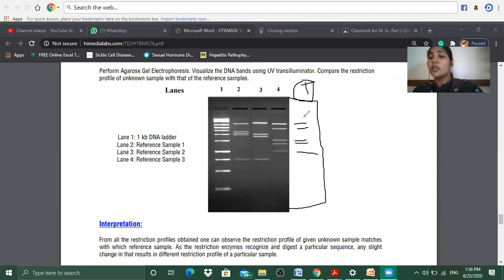Determining the molecular weight of each DNA fragment is the same as how we determine it for proteins, if you remember: the distance traveled by the band, plotting a graph and extrapolating, and you will know the weight of each DNA fragment of the test sample, and you'll have to do the same for all the reference samples.